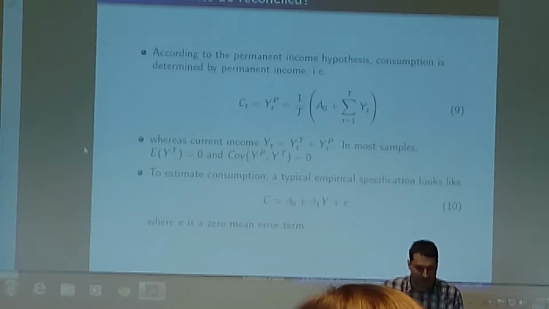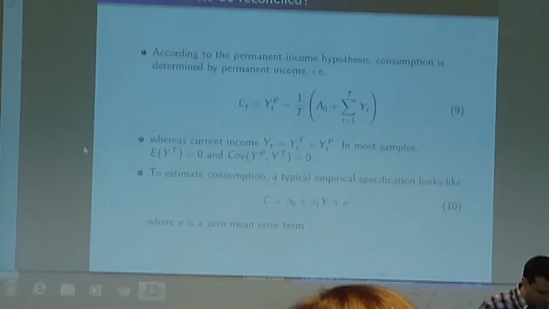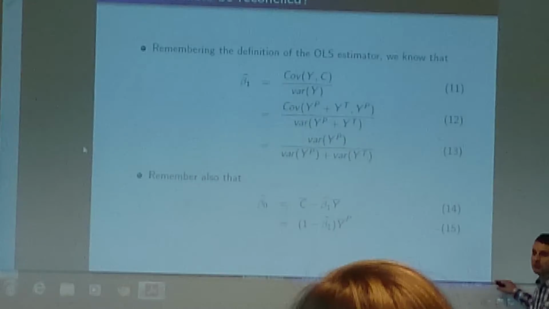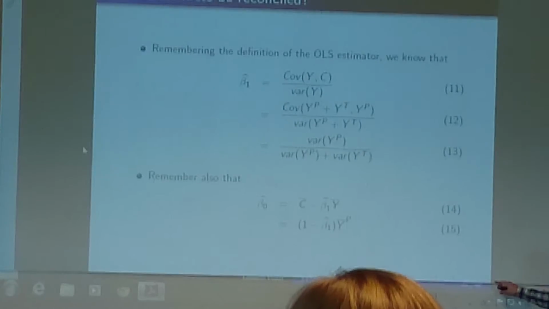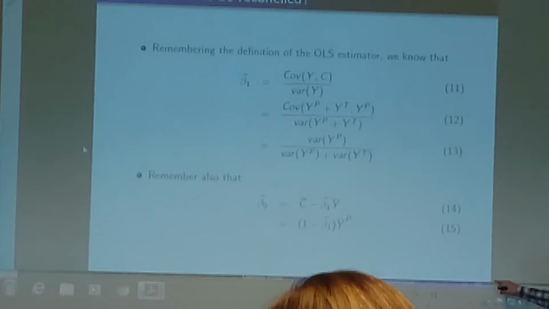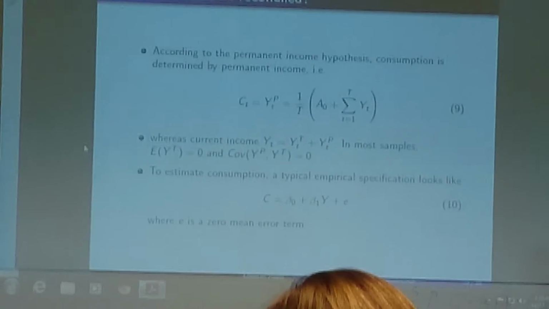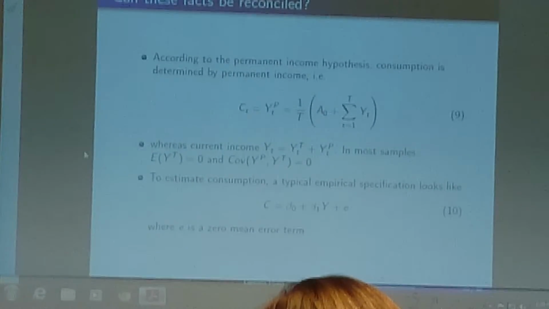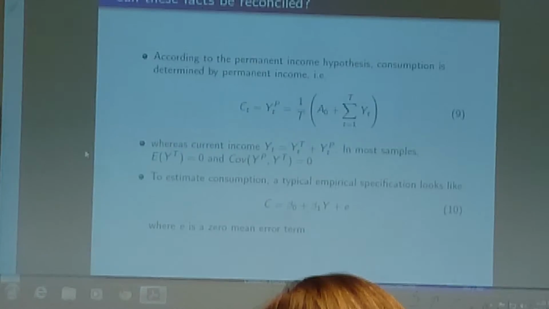People have been estimating this type of consumption function. Before continuing, you should ask yourself what the OLS estimator of such an equation really measures. If you don't remember that, take a look at your statistics or econometrics course.